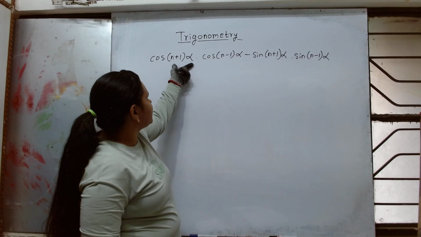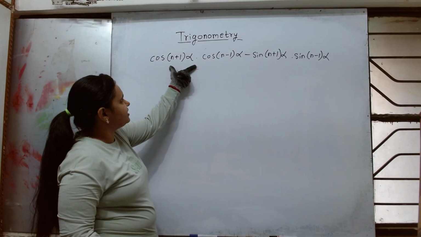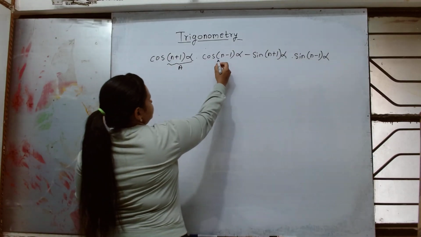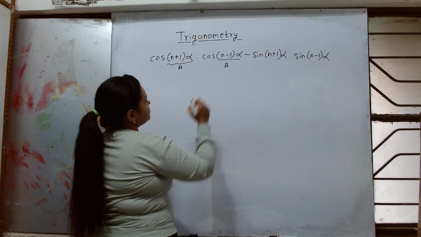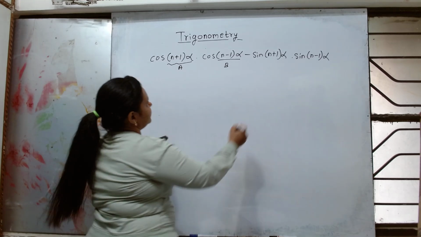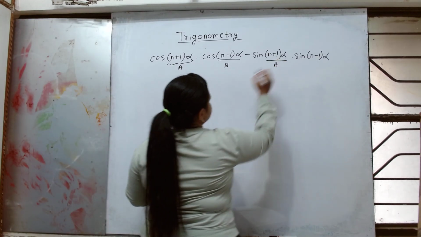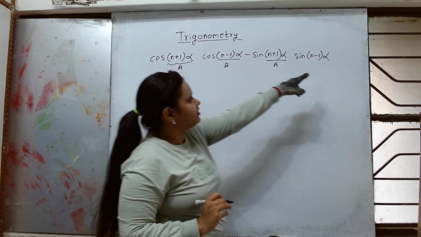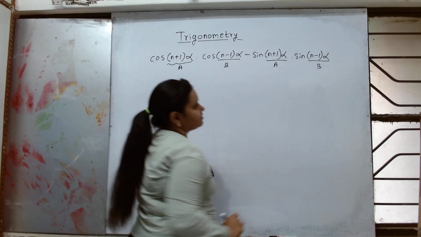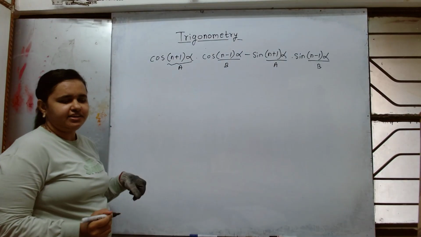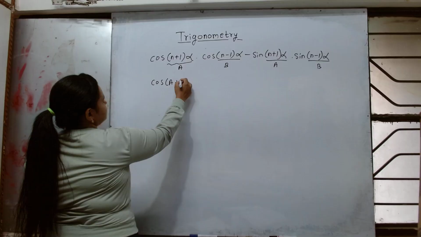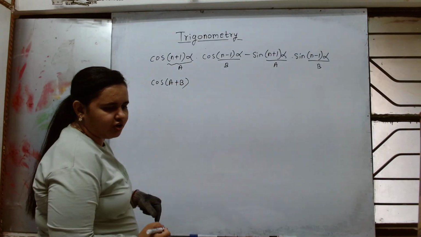If we consider (n+1)α as a, and (n−1)α as b, again (n+1)α is a and (n−1)α is b. It is the formula for cos(a+b). What was the formula for cos(a+b)?